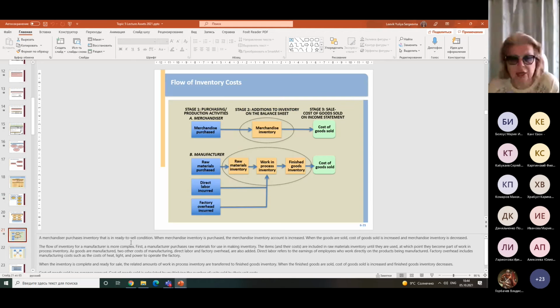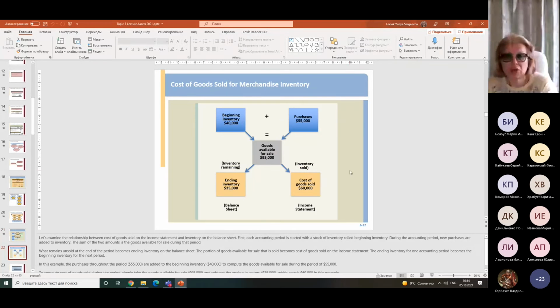I also recommend this slide to understand the flow of inventory costs: merchandise inventory, and then the cost of goods sold. For a manufacturing company: raw materials, then work in progress, then finished goods, and finally cost of goods sold.